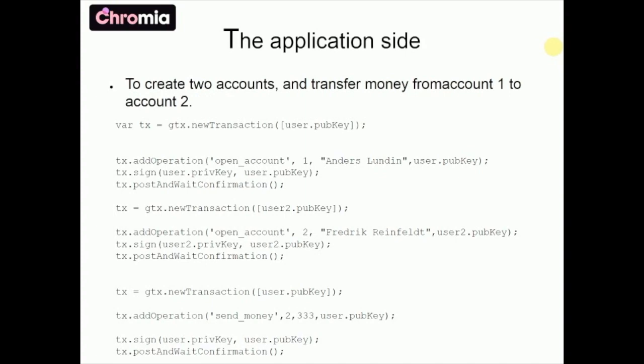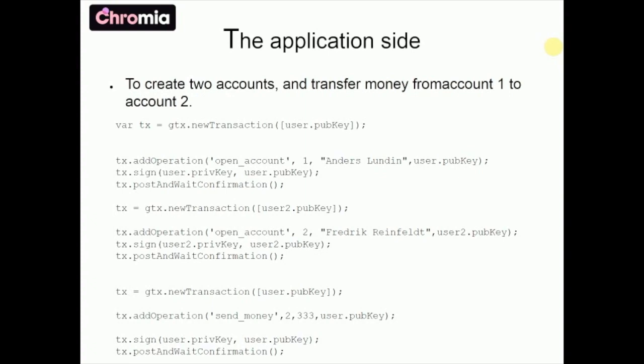And then we make another transaction and send money. Here we make a new transaction from the first user, that is account 1. And then we send money from account 1 to account 2, 333 units of currency.